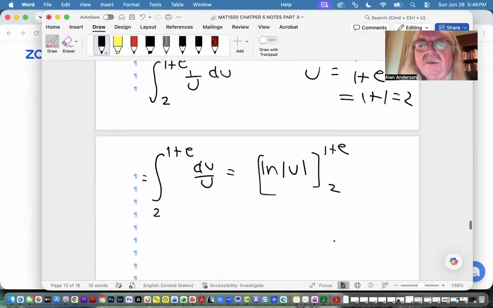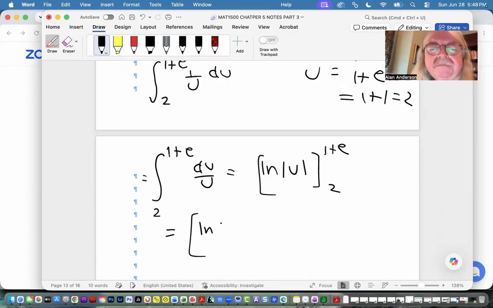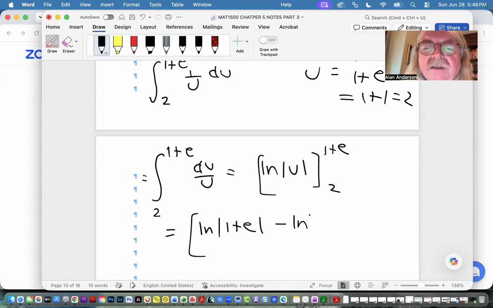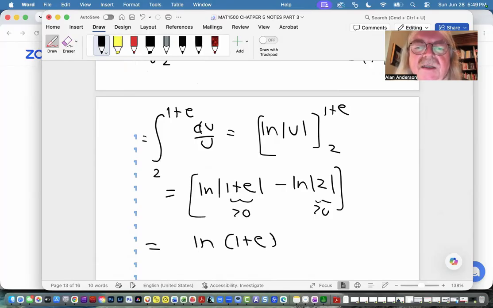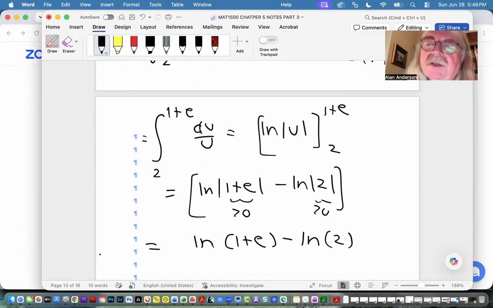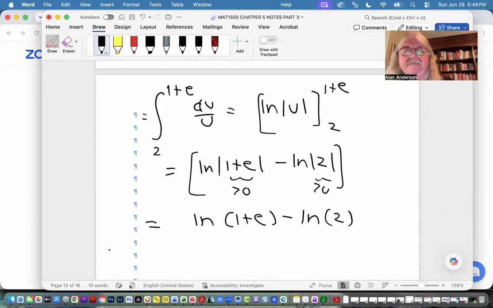All right, so we evaluate it as following. Based on the fundamental theorem of calculus, we just substitute and subtract. And since both of these are positive constants, we don't need the absolute value signs. So we can leave it like this: log 1 plus e minus log 2. And that's it. We're done because this is a constant.